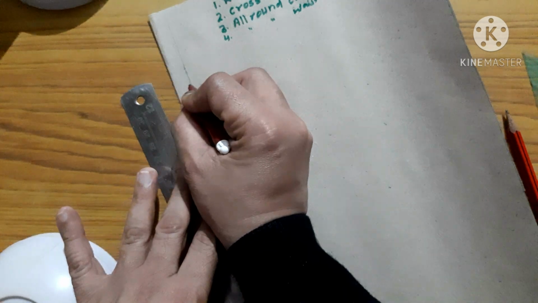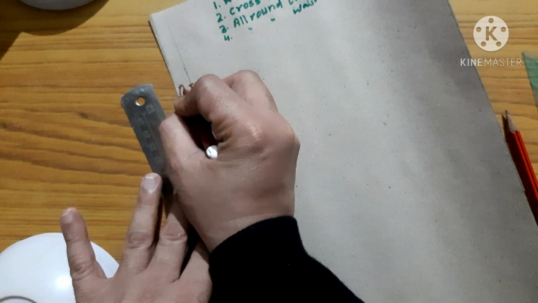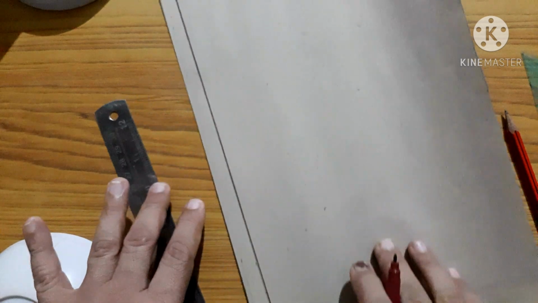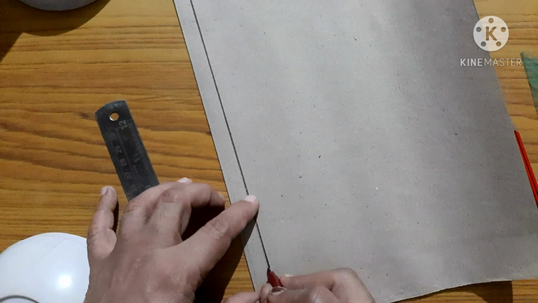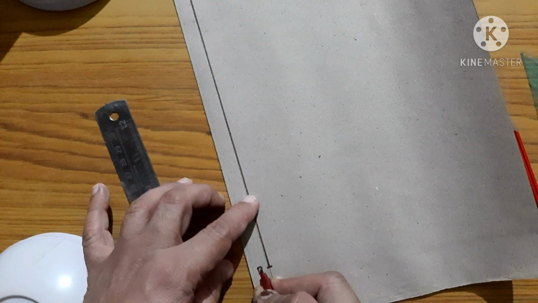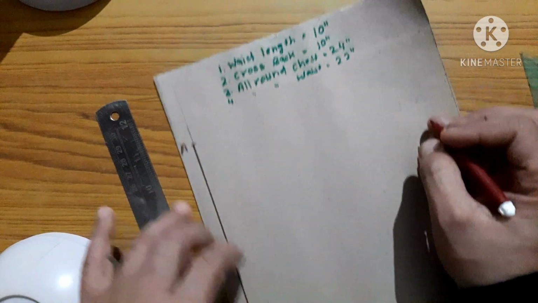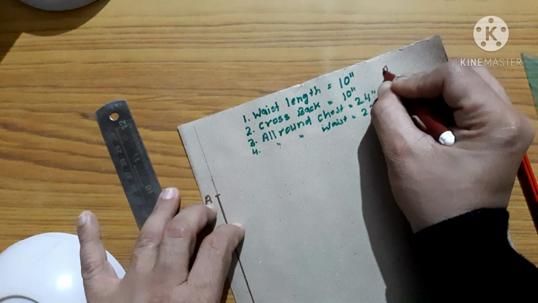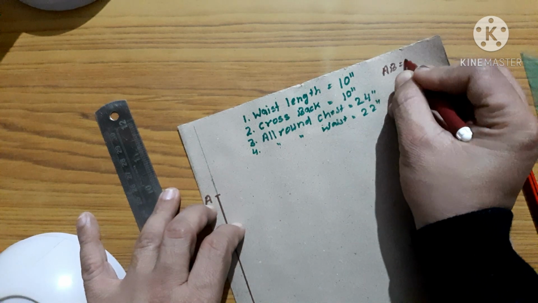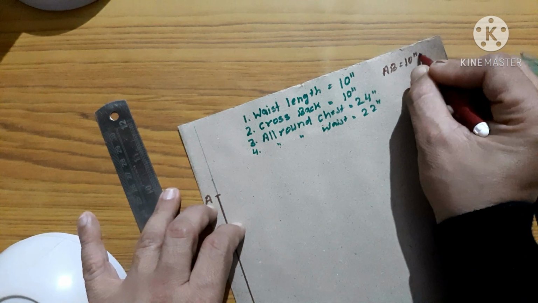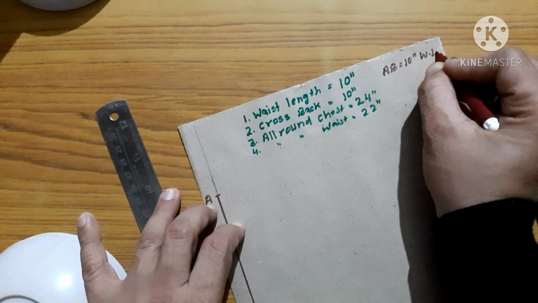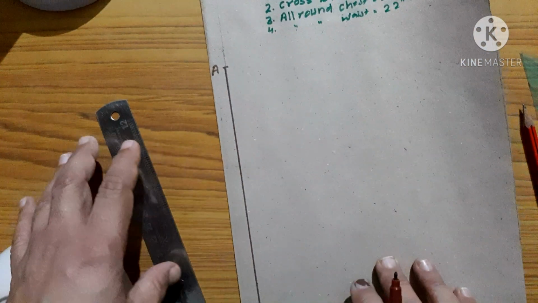Let's say the upper point is A, and let's say this is B. And the entire length AB is equal to 10 inches, that means waist length, that means the length of the bodice, right?